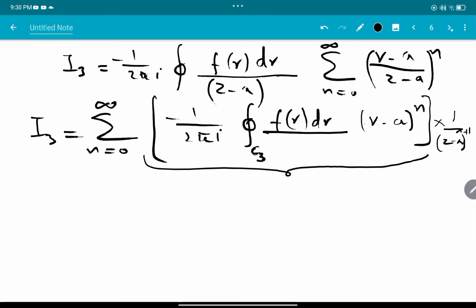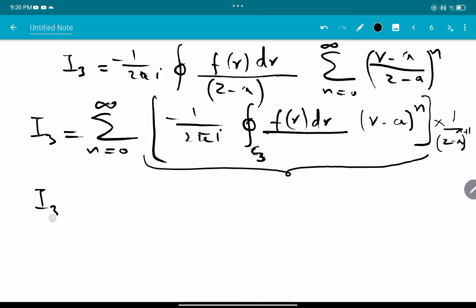I will tell you. So far as this minus is concerned, let me reverse the traversal of C3. Instead of going in the direction in which I am going right now, I will go in the opposite direction. That will generate a minus. That minus with this will combine and give a plus.